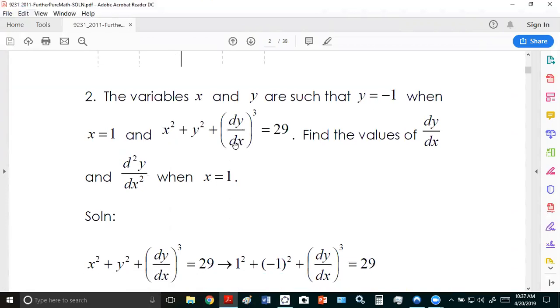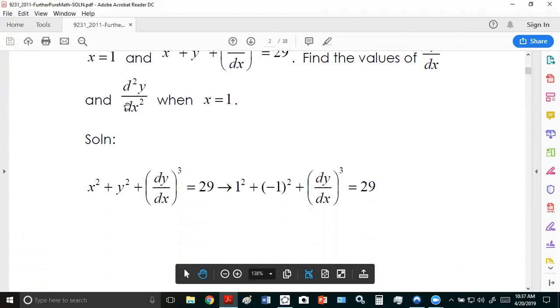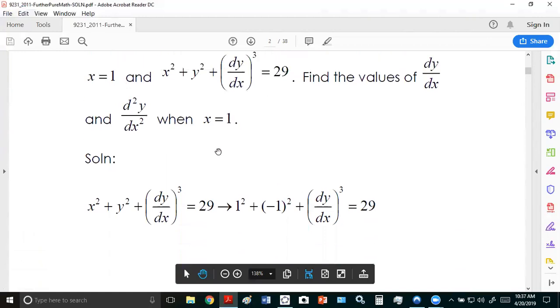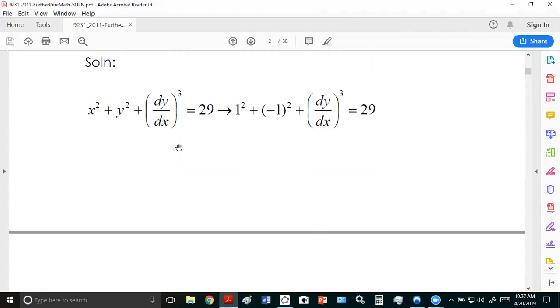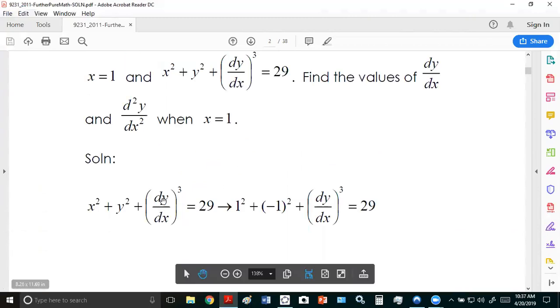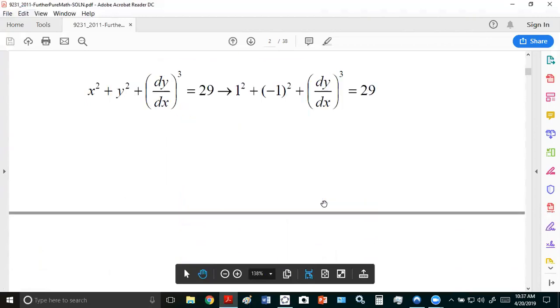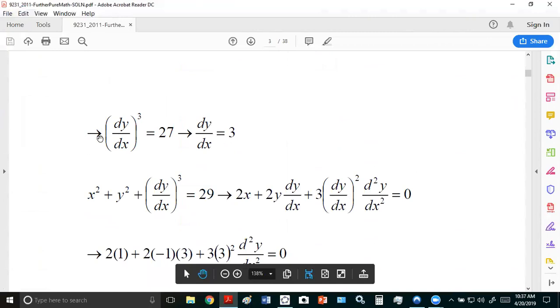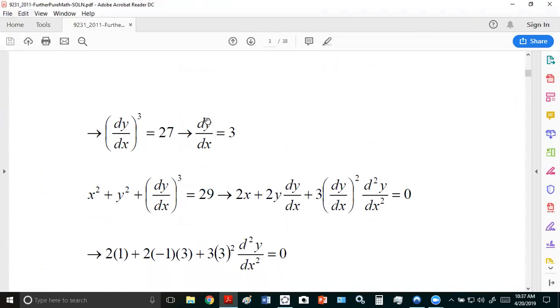Now notice dy/dx is a fraction, okay, and it's treated as a fraction. And in order to solve this problem here, you have to treat dy/dx exactly as you would a fraction, okay, and that's what happens here. So in this example here, just to find what (dy/dx) cubed is, you treat it as a whole variable, okay, and you find out that it's 27, and therefore dy/dx must be 3, which is the cube root of 27.